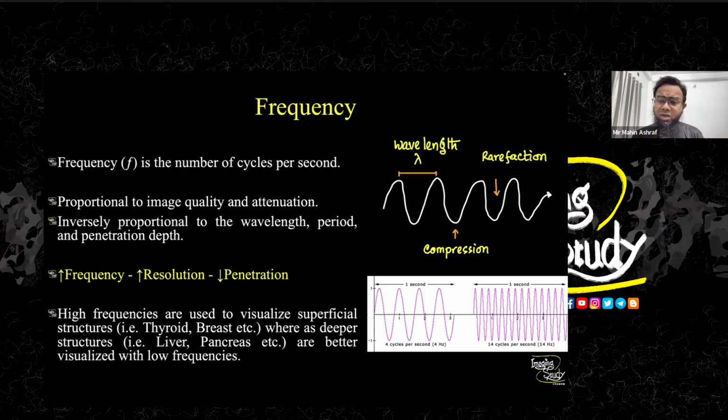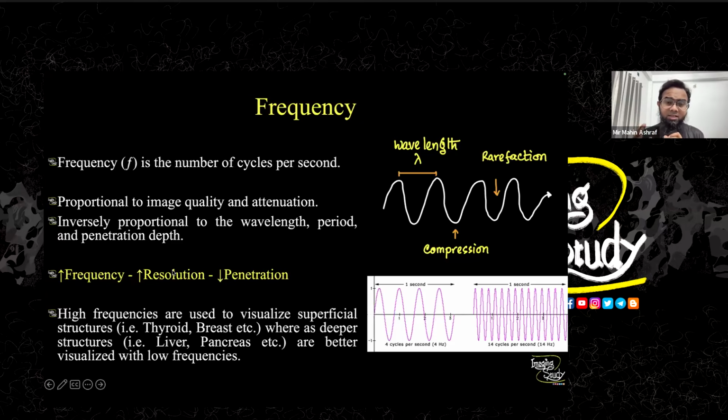And when we do the ultrasound, you have to understand the value of frequency, like when you use the high frequency and when you will go for the low frequency. If you are trying to see a superficial structure, it's better to use the high frequency, because when you are using high frequency, you are getting the best resolution.